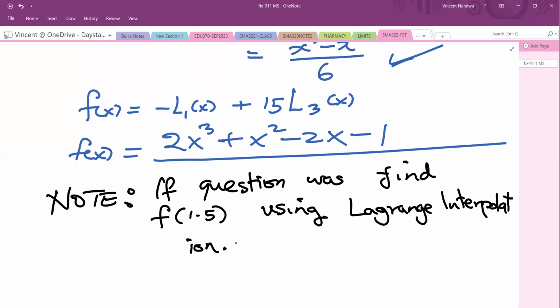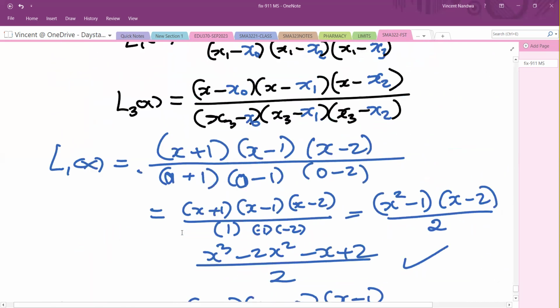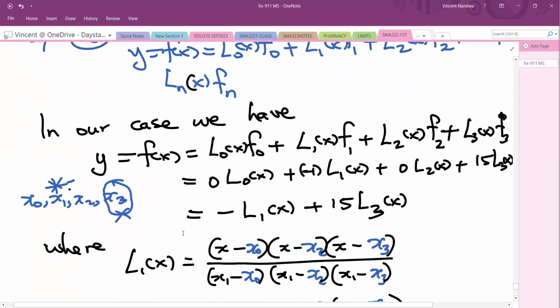If we have the same table and they ask us to find the value of f of 1.5, then you will actually do exactly the same thing. But instead of writing Li's of x, you'll be putting where there's x, 1.5.